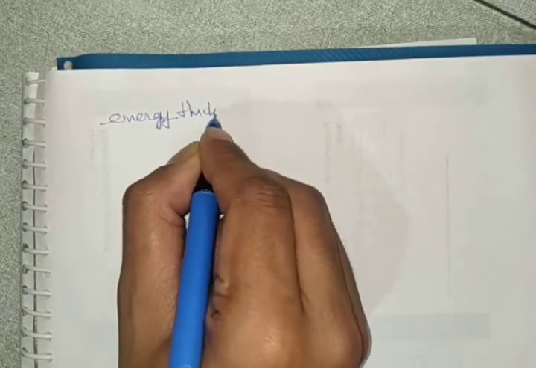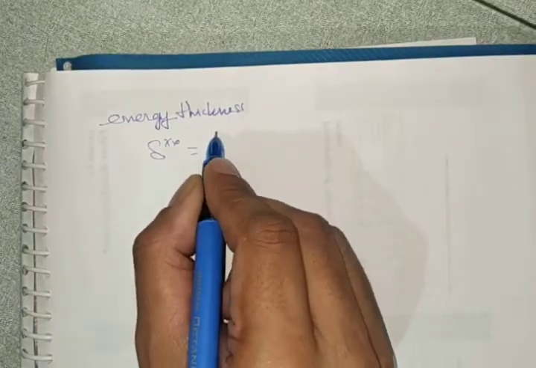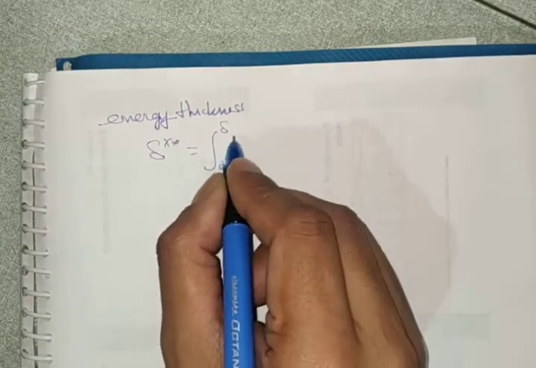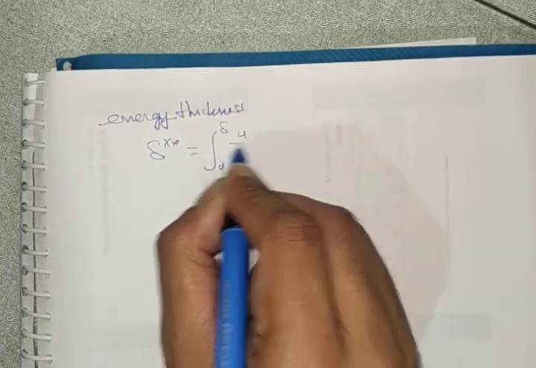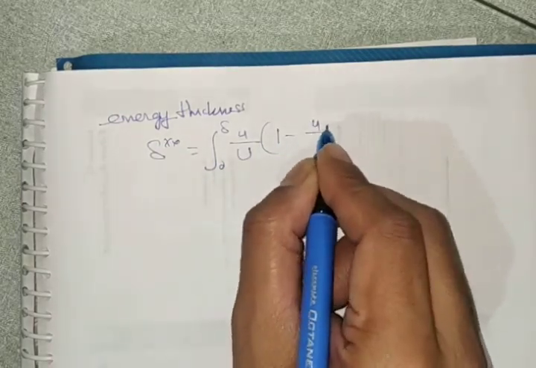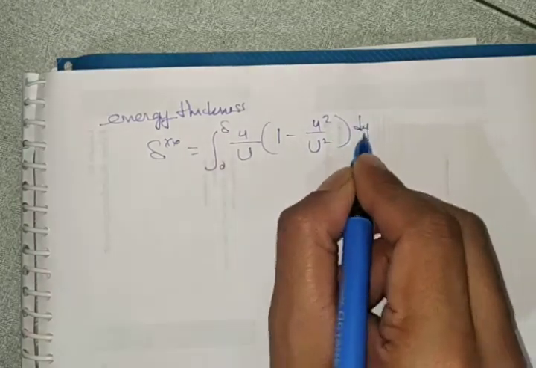So let's find out energy thickness. Energy thickness, that is delta double star, is equal to, by the definition, integration 0 to delta of small u by capital U into 1 minus small u square by capital U square, dy.